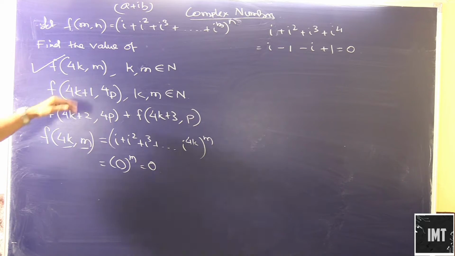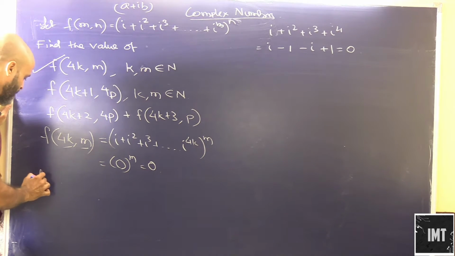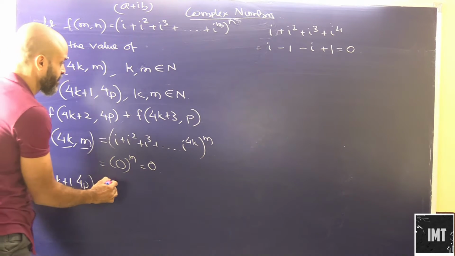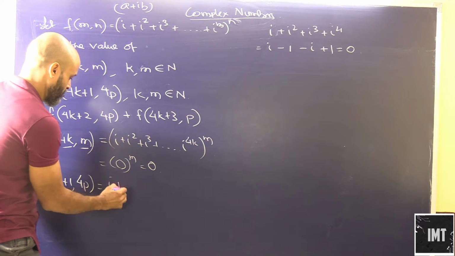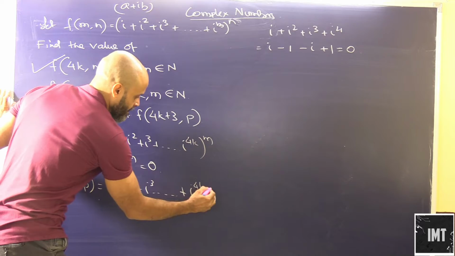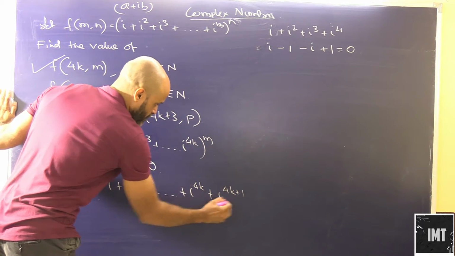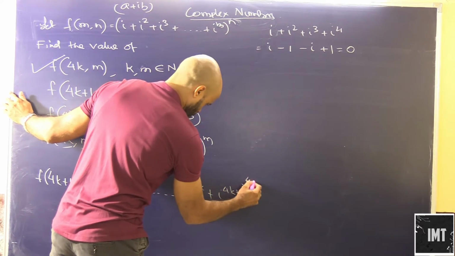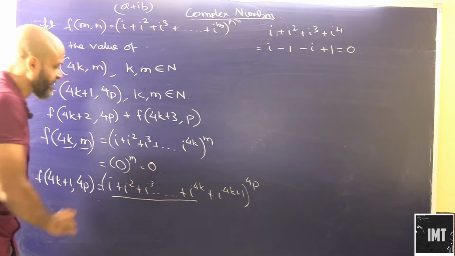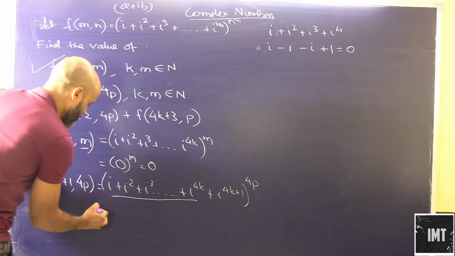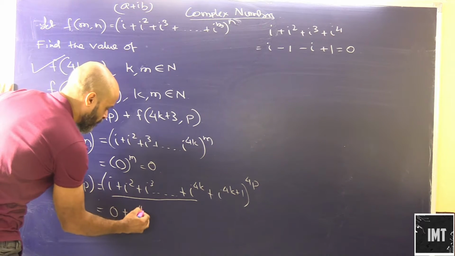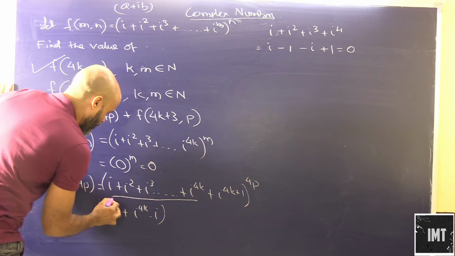Okay, all right, let's move on to the second one here. f(4k+1, 4p). So this will get me i plus i square plus i cube, and this continues till i to the power of 4k+1, and this whole thing to the power of 4p. We know from the previous example that this would be 0. So this will be 0 plus i to the power of 4k into i to the power of 4p.